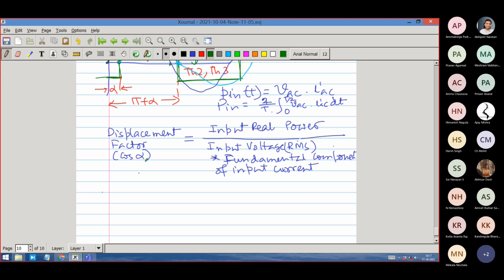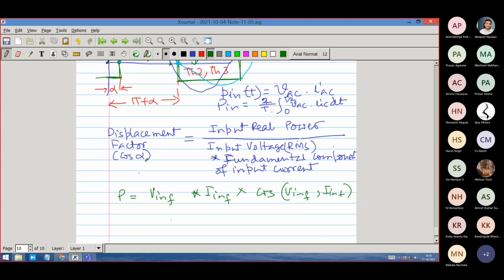Power is equal to V in fundamental times I in fundamental, both RMS, times the cosine of the angle between V in and I in fundamental. F means fundamental component.